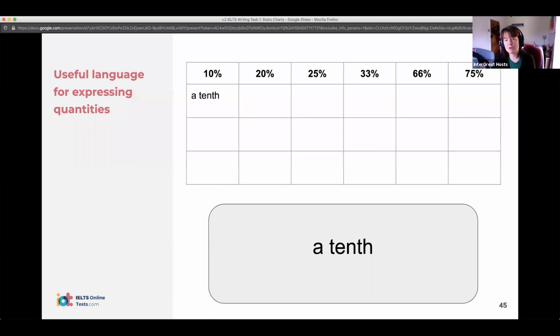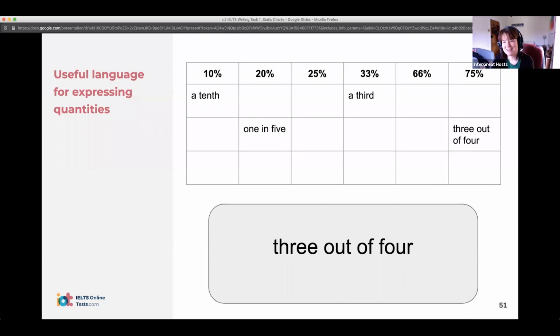So yeah, we're just going to match to the percentage. So a tenth or 1/10 is 10%. 1 in 5 would be, okay, very good, 20%. A third, okay, very good, 33%. Okay, 3 out of 4, 75%. Yeah, okay, just over 60%. Okay, good, 66%. 1 out of 3. Okay, very good. That would be a third again.